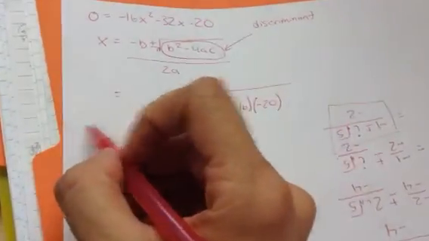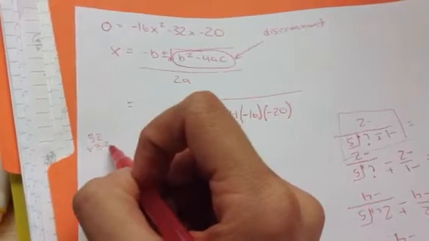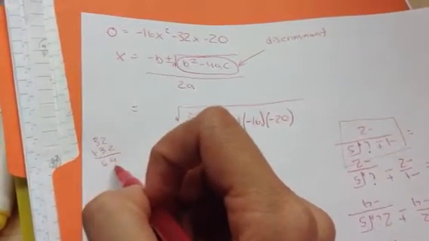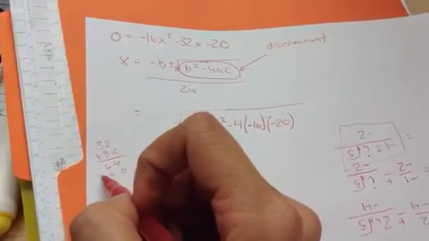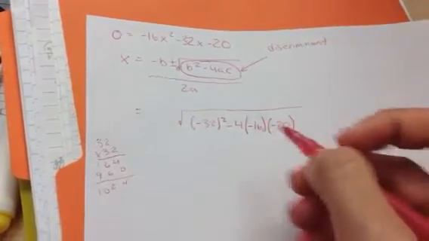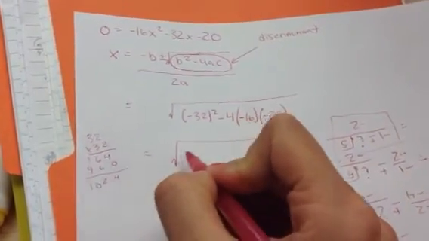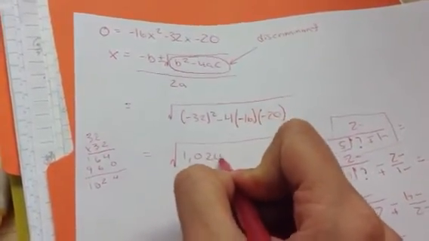So negative 32 times negative 32 gives me 1024.